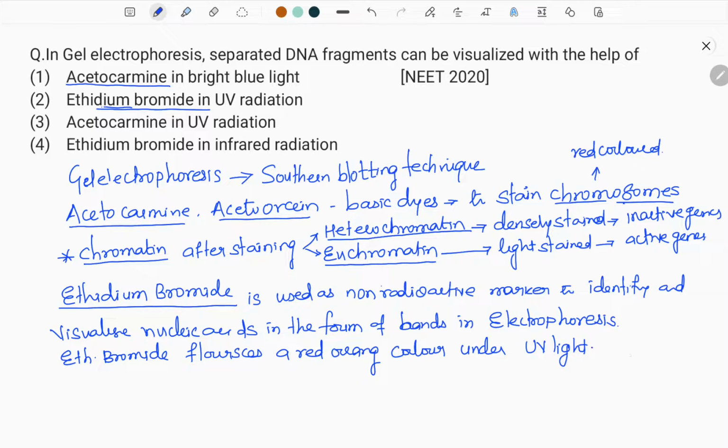We know UV light causes mutations also. UV light causes cancer also. We know ozone depletion is making UV light fall directly on the earth. So what is the function of this UV light? This UV light excites the electron within the aromatic ring of Ethidium bromide.